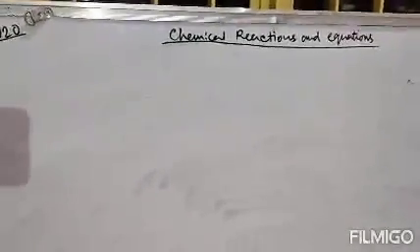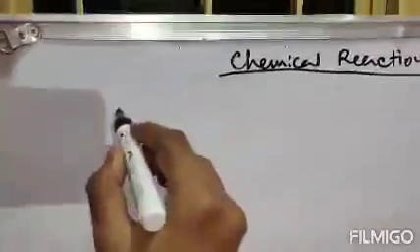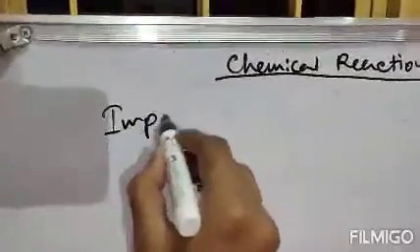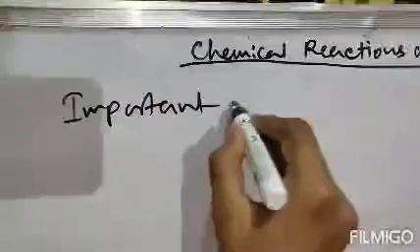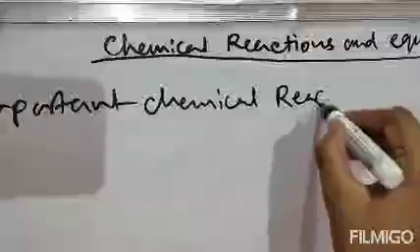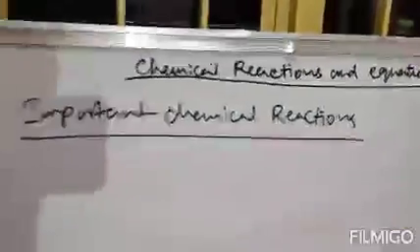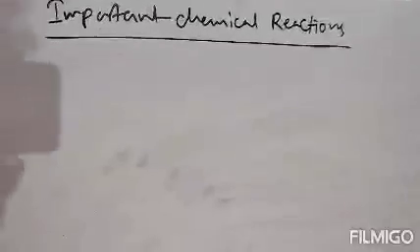So basically this chapter includes various types of reactions. First we will learn important chemical reactions. There are numerous varieties of chemical reactions we will learn.